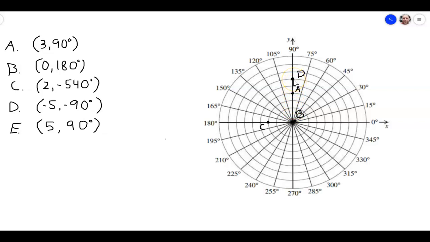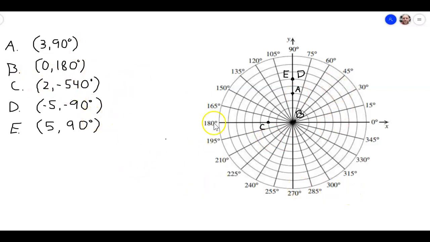Oh, look, it's the same point as D. So D and E happen to be the same point, and I did that on purpose to show you that I can list the same point in two different ways here, unlike rectangular coordinates where you really can't do that. 2, 3 is kind of this unique point, whereas negative 5, negative 90, and 5, 90 can really be written two different ways, but they represent the same value. All right, so this is all 5 of these points here.